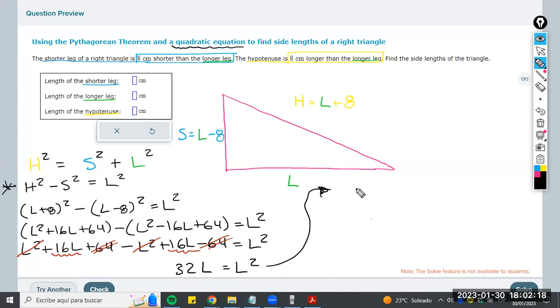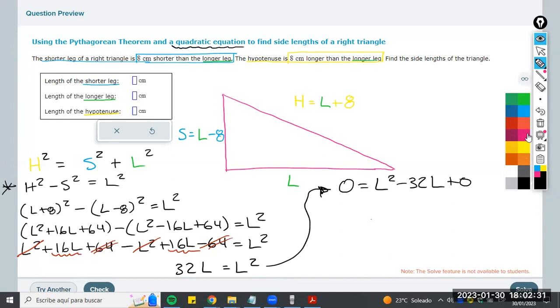I'm going to subtract 32L on both sides of the equation to make it look like this. And now we can see that, to use the general formula, A is 1, B is minus 32, and C is 0, right?